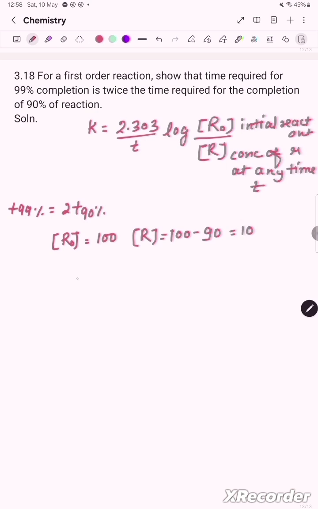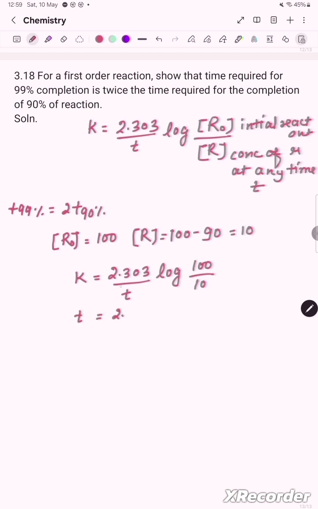So here K is equal to 2.303 upon T log 100, that is initial reactant, and concentration of reactant at any time T, means at 90%, this is 10, and here we have to find out time, so we interchange this.